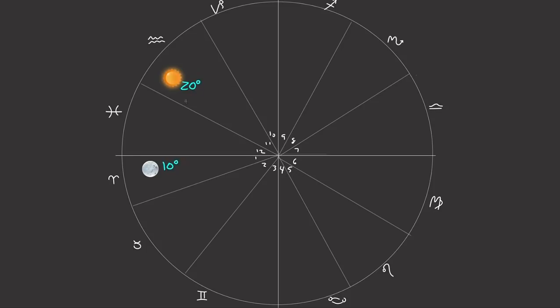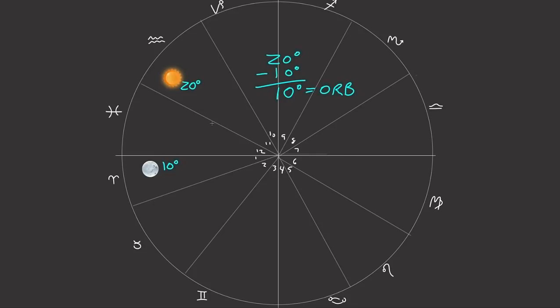So if we look at the difference between these degrees, we have 20 degrees minus 10 degrees. So we have a 10-degree differential. Now that is called an orb. An orb is basically an area surrounding the planet of degrees, or the differential degrees in between the two planets. So we have a 10-degree orb. Now, varying texts or varying books will tell you to adjust the orb based upon the relationship.